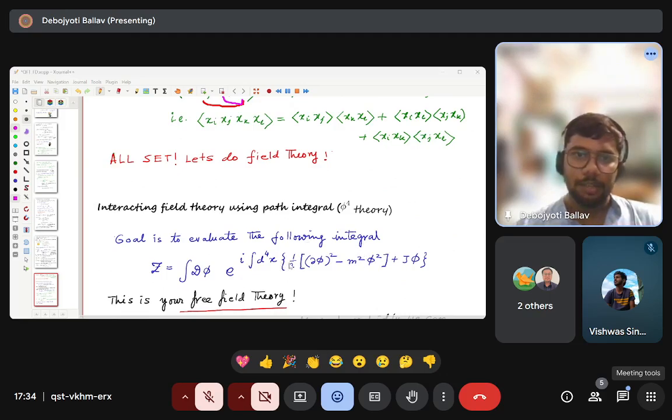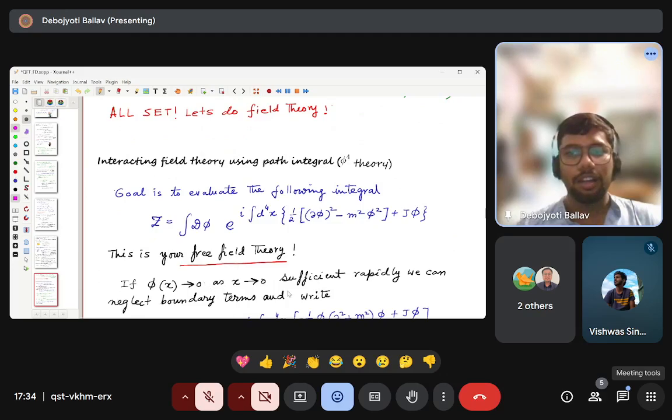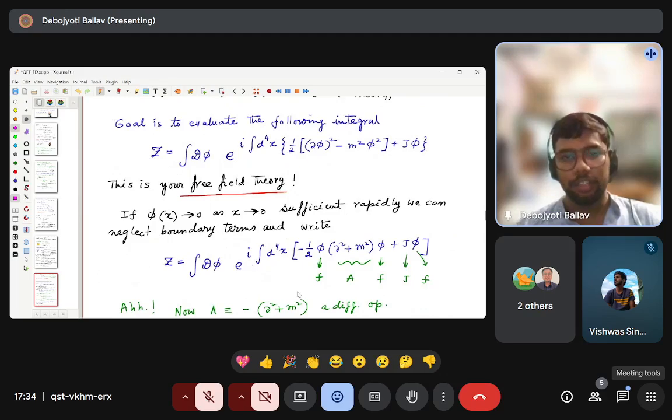But if you assume that these fields decay sufficiently rapidly such that you can neglect the boundary terms, you can just do an integral by parts here, and you can write this like this. Now this is a very familiar thing, because this is nothing but your box squared plus m squared operator.